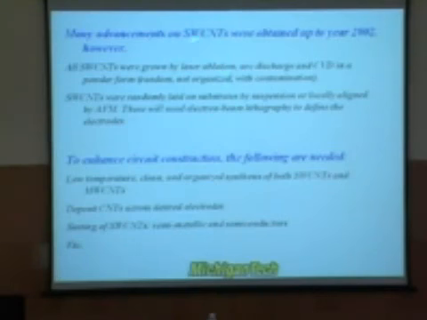And most of these tubes up to year 2002 were grown by laser ablation, arc discharge, or some CVD, but they are in the powder form, which means all the tubes are grown randomly, right? You cannot organize them, and they are contaminated by all kinds of contamination.